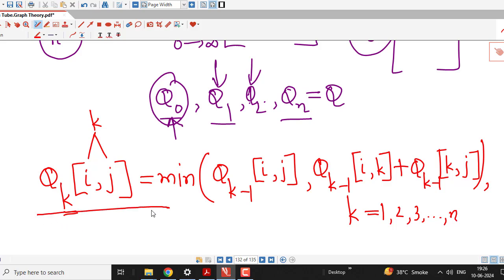This is the main formula for this Warshall's algorithm for the shortest path problem.